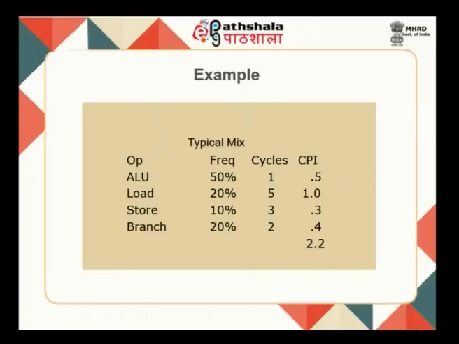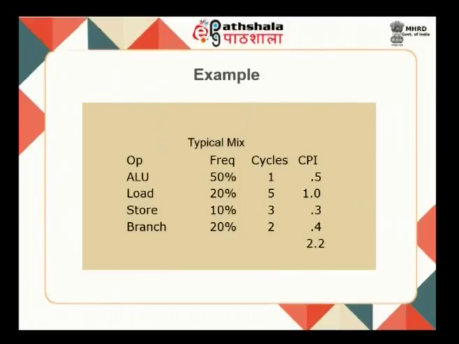We assume that ALU instructions constitute 50% of the instruction mix in your program, load instructions 20%, store 10% and branches 20%. The next column gives you the cycles that each of these classes of instructions take. ALU takes 1 cycle, load instructions take 5 clock cycles, store instructions take 3, and branch instructions take 2.